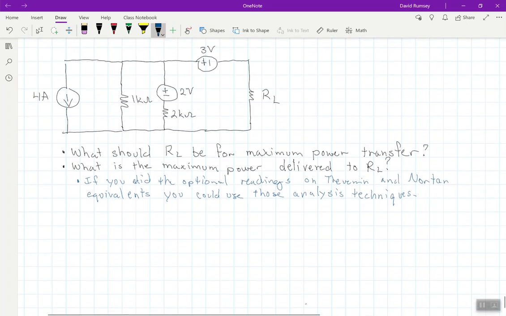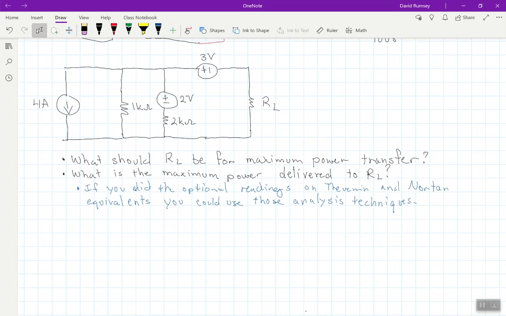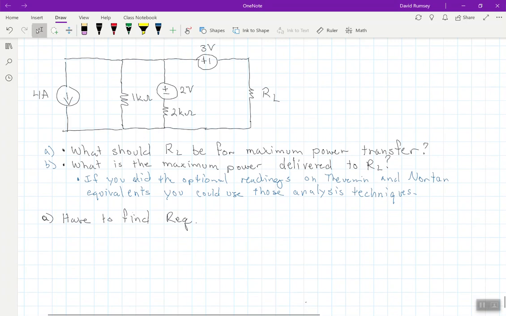Alright, so what we need to do here is first find RL for maximum power transfer. I'll label these part A and part B. For part A, we just have to find Req. Now I'm going to draw the circuit. This 4 amp is a current source, so this becomes an open circuit.